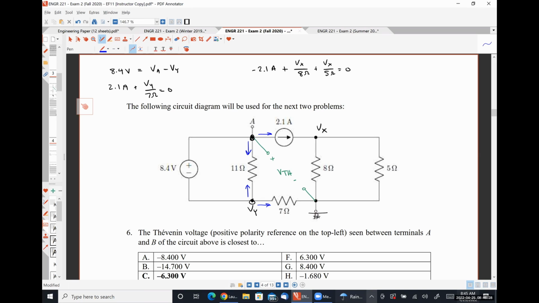So our options then would be to apply nodal analysis and then use the results of that nodal analysis to determine the Norton current. Or we can simply take our answer from number 6, divide it by the Thevenin equivalent resistance, which is pretty easy for a circuit like this, and then get the same result.